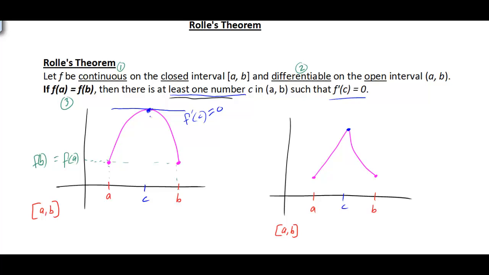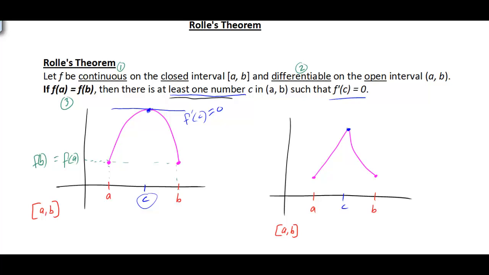So really this is just an existence theorem stating that this c value is going to exist if all three of these conditions are met.